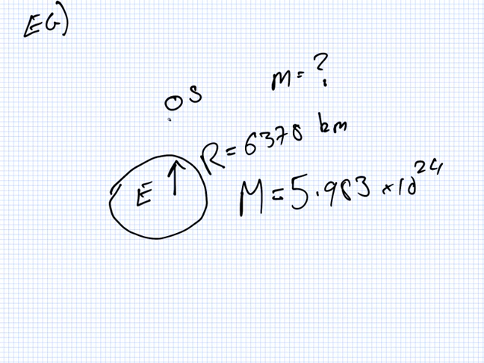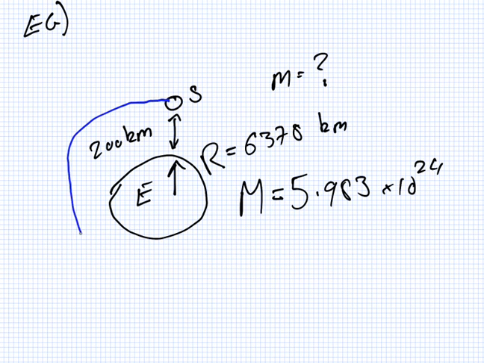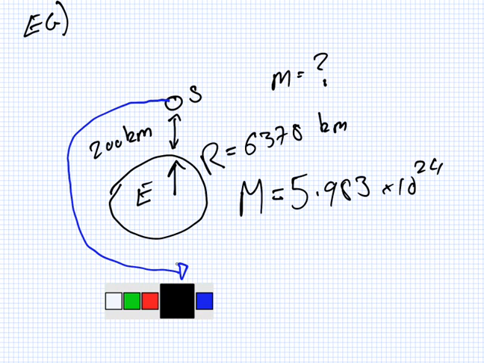Oh, and the distance here is 200 kilometers. So my question then is, what's the time it takes to go around the Earth once? So it's like what we did in semester 1, it's more a revision than anything else. We'll work it out.